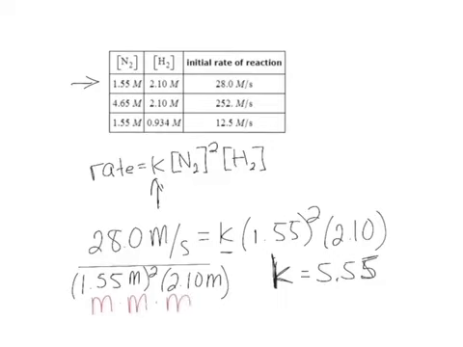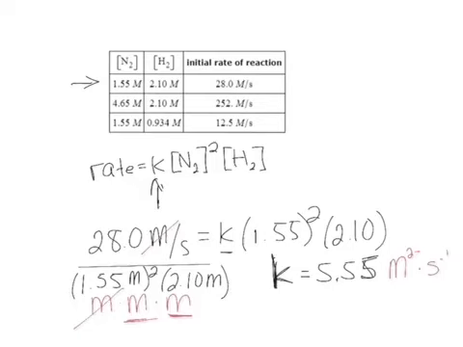If I have molar on top, I can cross it out with one of the molarities on bottom. So our overall units end up being molar to the minus 2, since I have 2 on bottom, or the reciprocal molar squared, times reciprocal seconds.